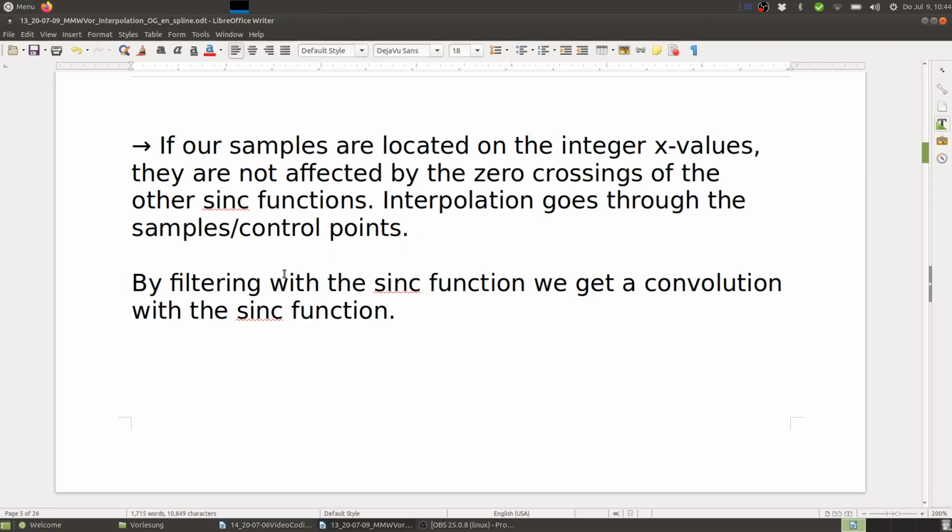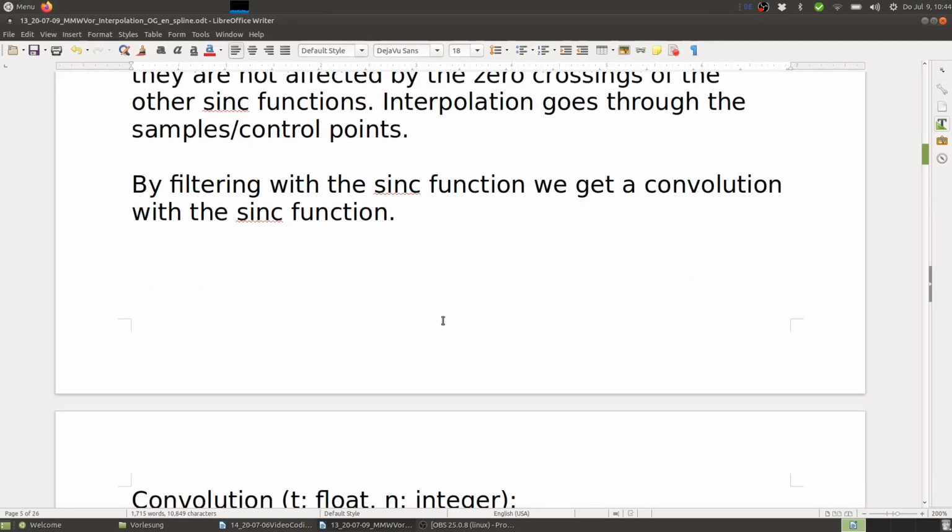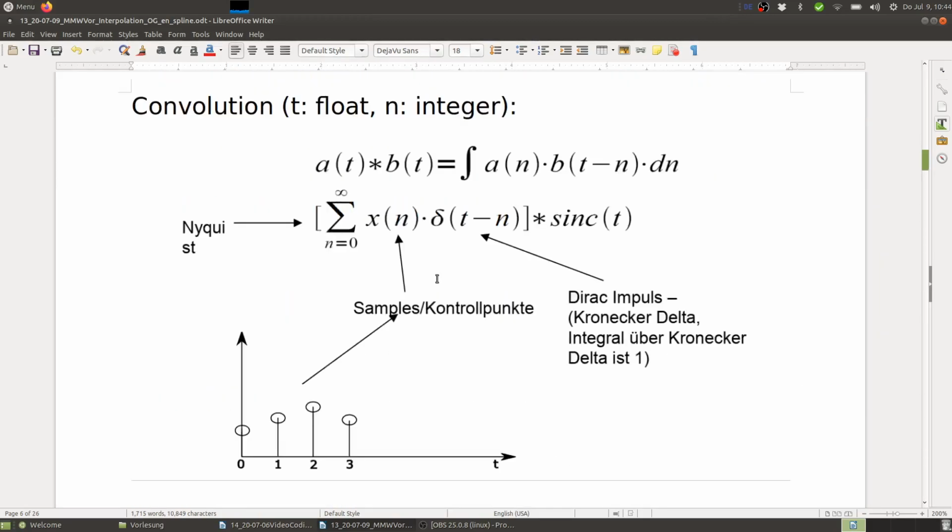By filtering with the sinc function, we get a convolution with the sinc function, which leads to this substitution of the samples by the sinc function, which we can see here. So here we have the convolution. A would be our sequence of samples, and A consists of our samples, and each sample is located at the point of a Dirac pulse.